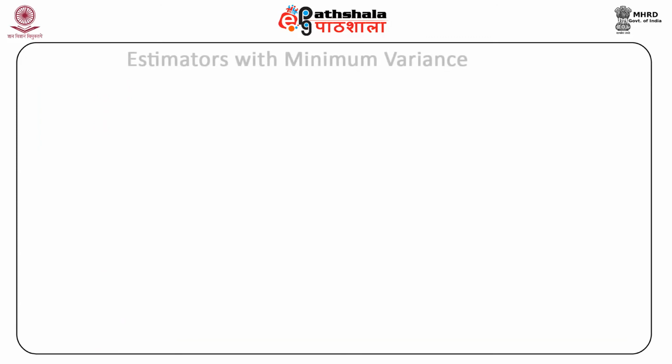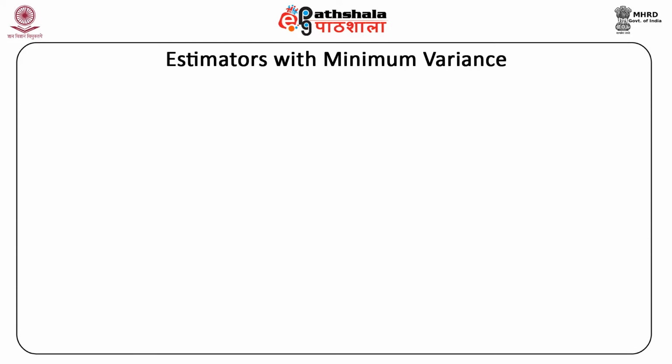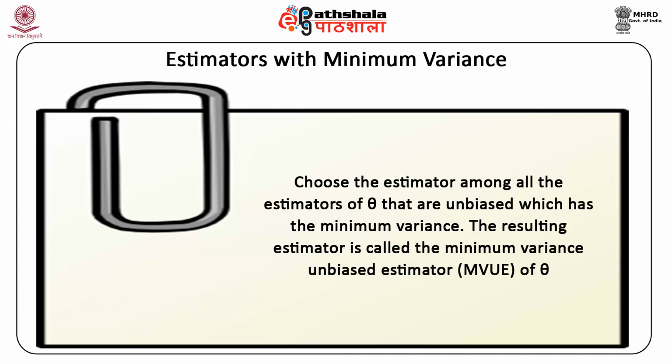The principle of minimum variance unbiased estimation, MVUE, states the following: choose the estimator among all the estimators of theta that are unbiased, which has the minimum variance. The resulting estimator is called the minimum variance unbiased estimator, MVUE, of theta.